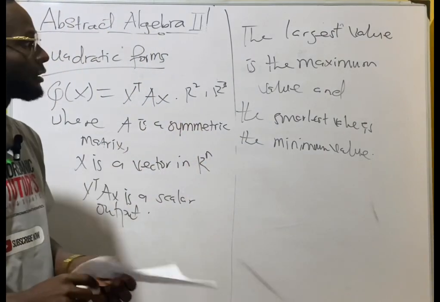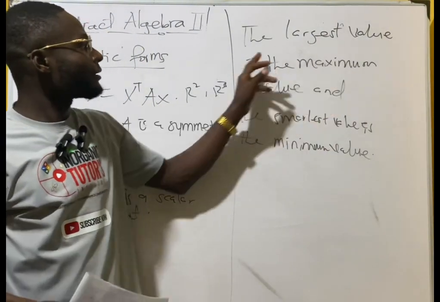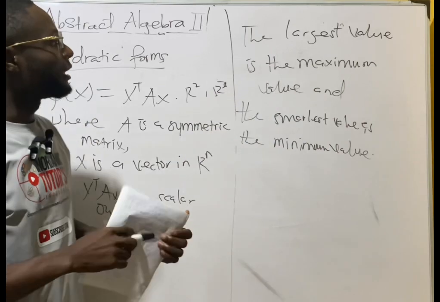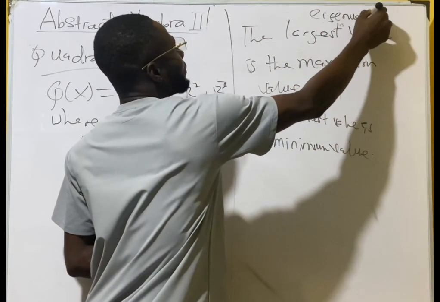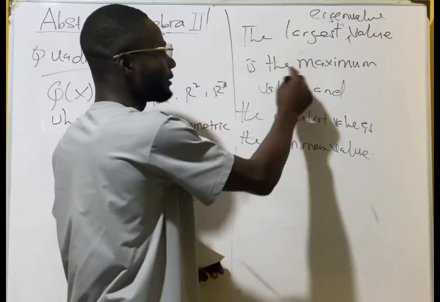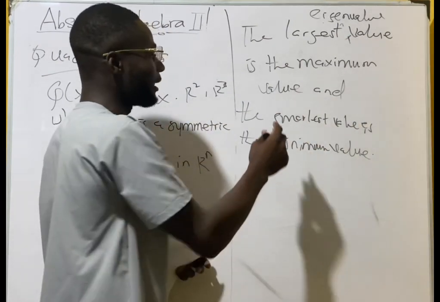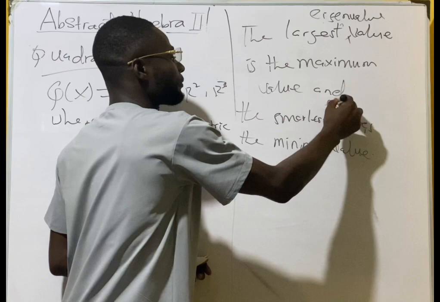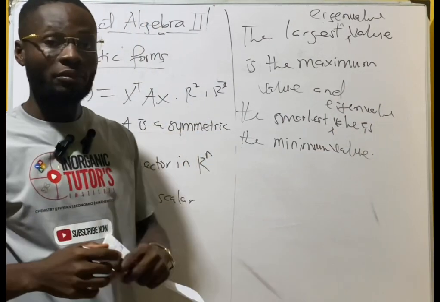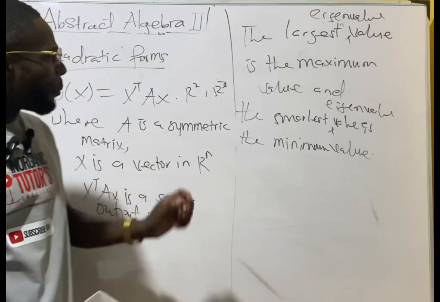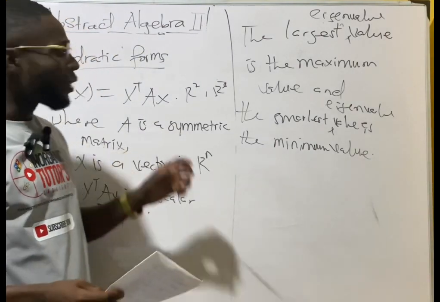Note that the largest eigenvalue is the maximum value, and the smallest eigenvalue is the minimum value.